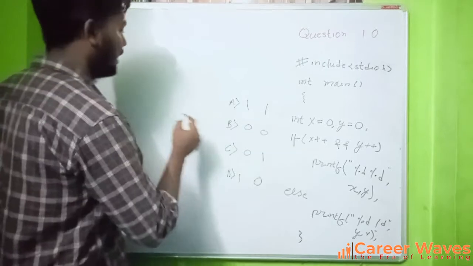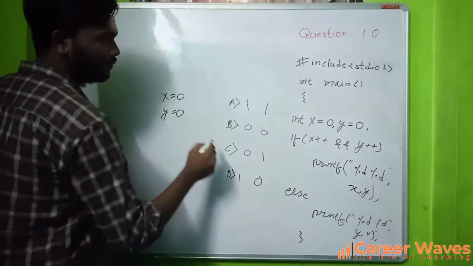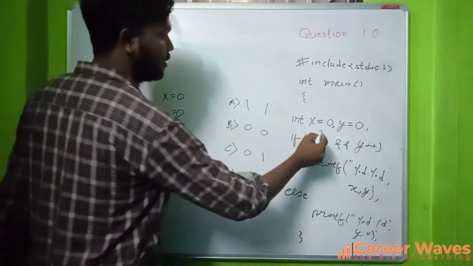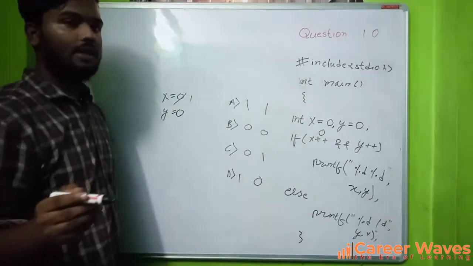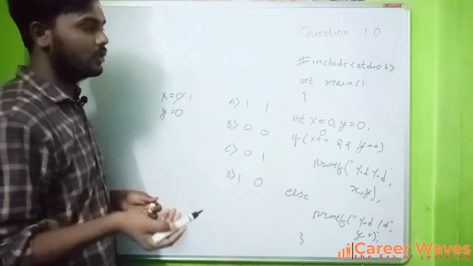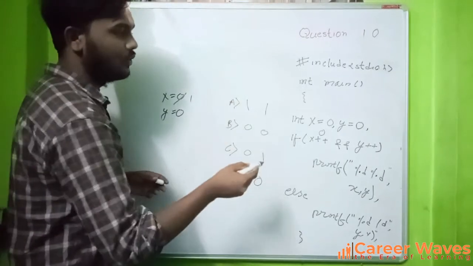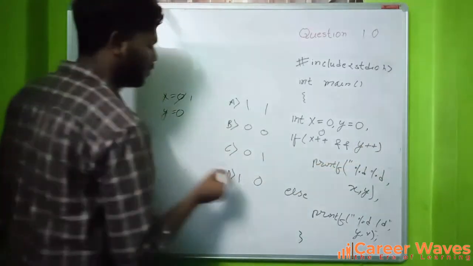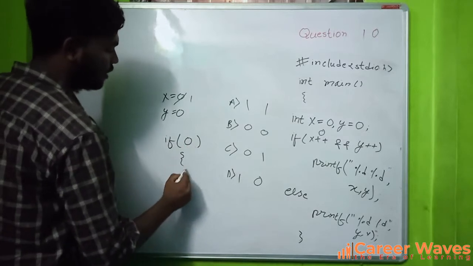Now let us see the output for this code. Again, x is initialized with 0, y is equal to 0, x plus plus, that is the post increment, so the value of x remains 0 here, but it gets incremented by 1 afterwards. We know that the AND operator also performs short circuit operation, that is, if the first value is 0, then there is no need to look for the further value, so this will be considered false.